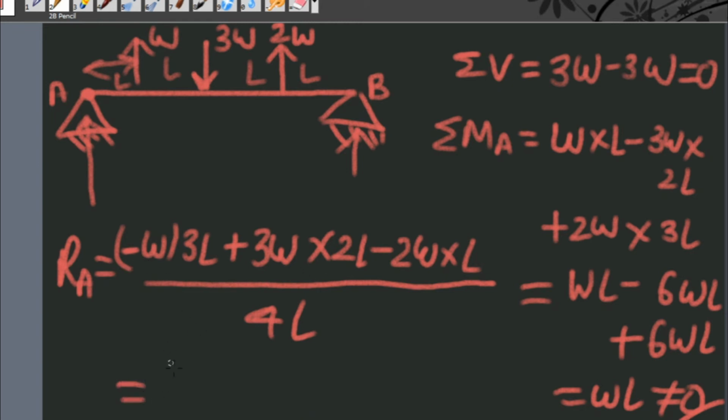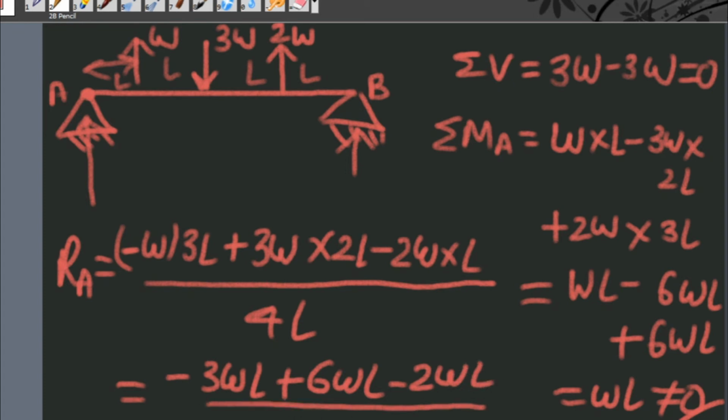So when you calculate, this will be 3WL plus 6WL minus 2WL by 4L. It will give the result of 3, 6 and minus 2. 3 and 2, 5. So it will be WL by 4. It will give the result WL by 4.